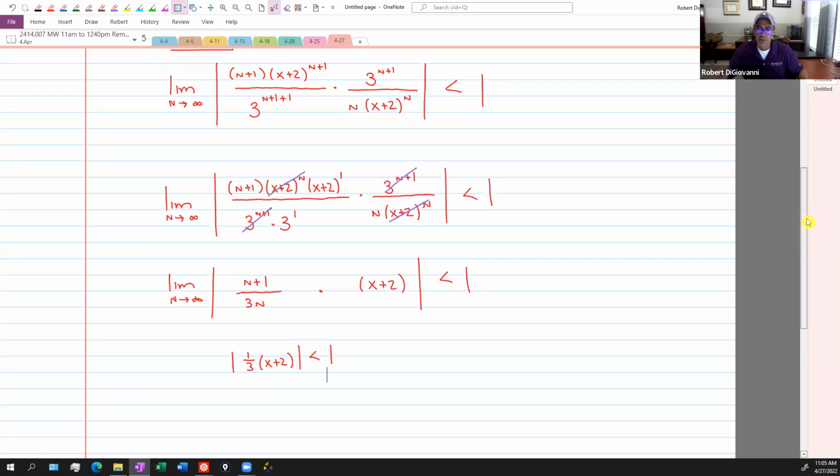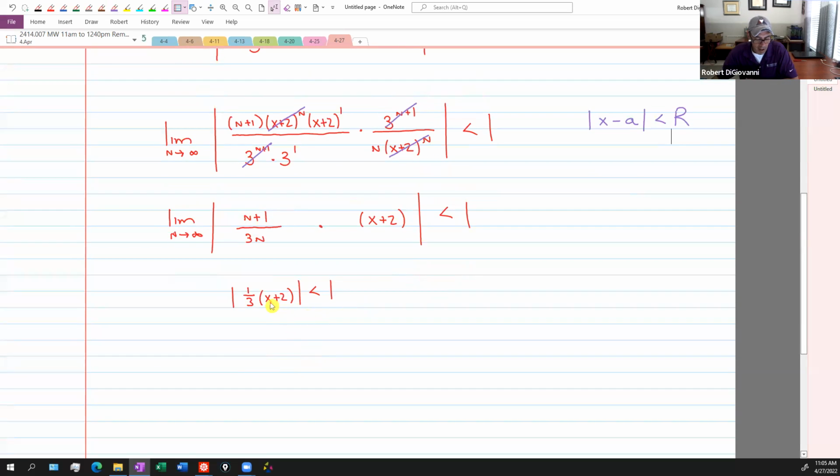Yes. So to find the radius of convergence, what you need is this. You need to get something that looks like this: the absolute value of x minus a less than some number r. And that number r will be our radius of convergence. And then to do the interval, we have to break down the absolute value. So right now, I don't quite have that. I have an x plus 2. I need the 1/3 to be gone here.